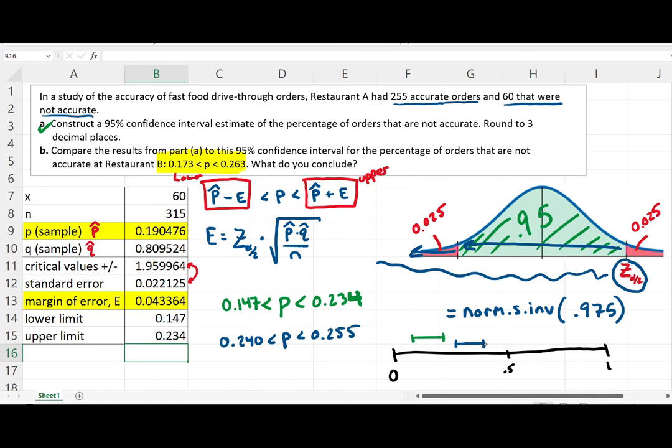In this problem, restaurant B has a confidence interval that overlaps restaurant A. It looks sort of like this, 0.263. So no significant difference in accuracy.